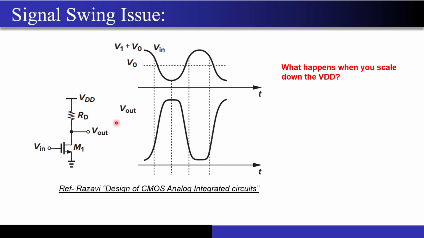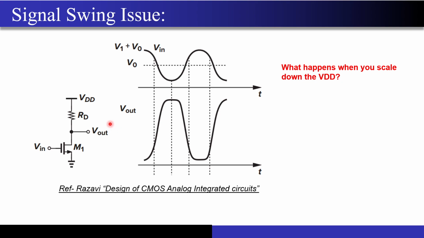The fields should not be so strong that they cause breakdown in the device. Correct? So you also have to maintain the field. That is why, even when you reduce the channel length, let's say from maybe 10 micrometer to 180 nanometer, you have to ensure that even though your channel length has scaled, your electric field does not increase. The electric field has to remain constant, right?